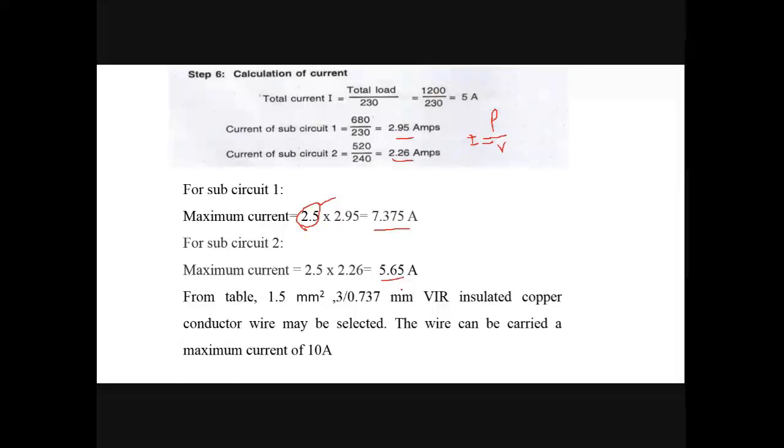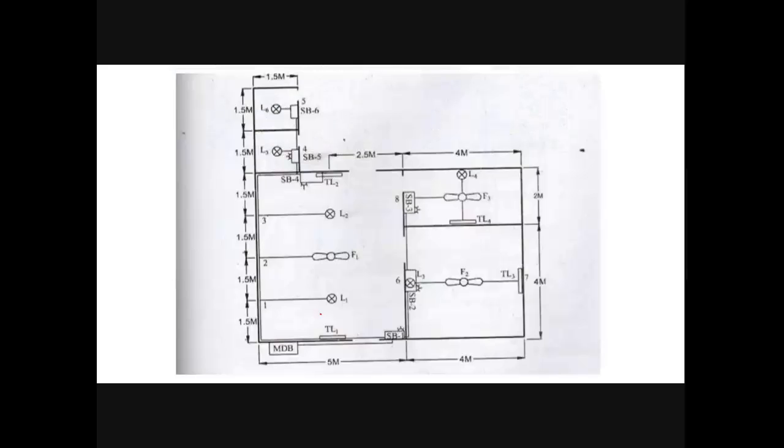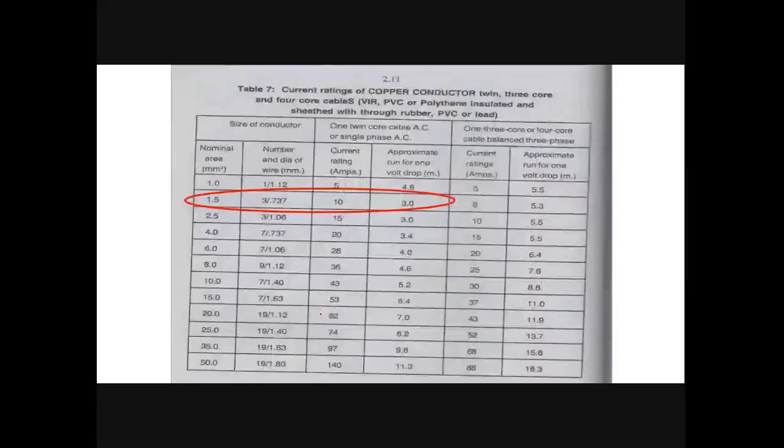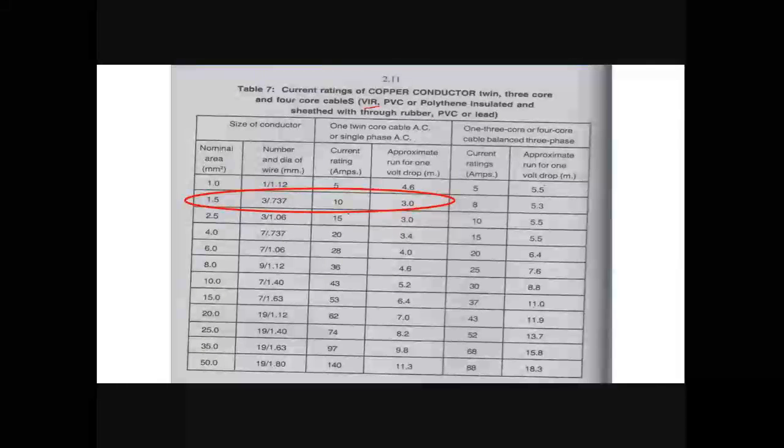Now we have to check this value according to the table, and write the conductor size available. So from the table, if we observe carefully, here we can see the current rating of copper conductor between 3-core and 4-core cables, VIR, PVC, or polyethylene insulated and sheathed with rubber, PVC, or lead.